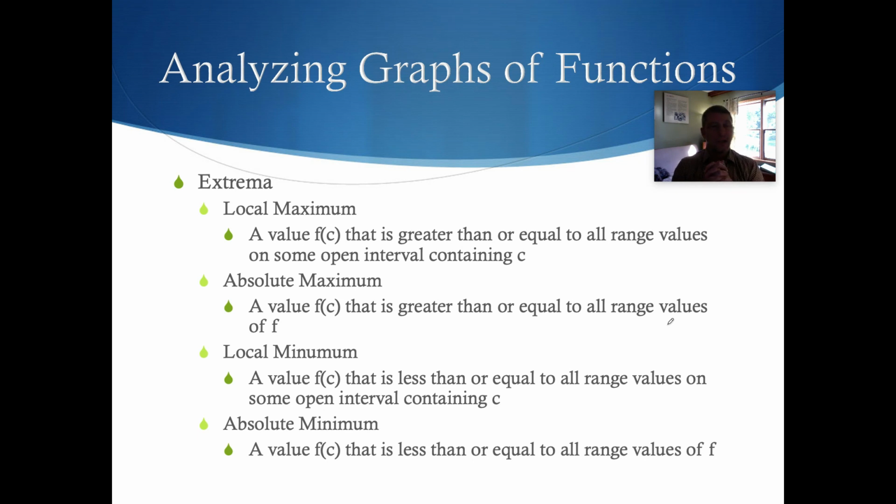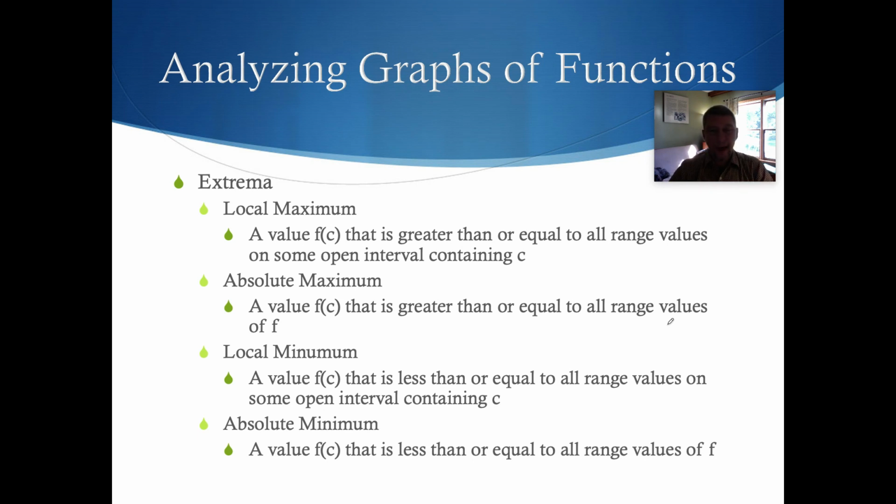An extremum is either a maximum value or a minimum value, and here we're talking about the y values. In other words, the highest height on a graph or the lowest valley on a graph. And there are 4 different kinds of extrema.